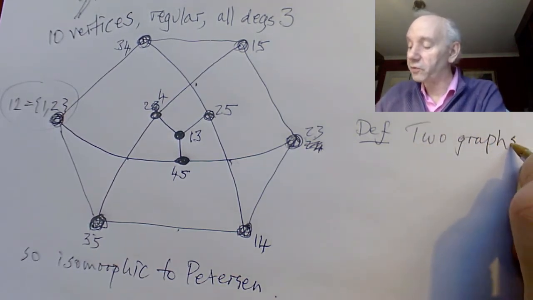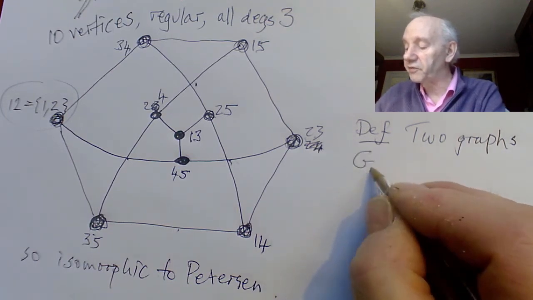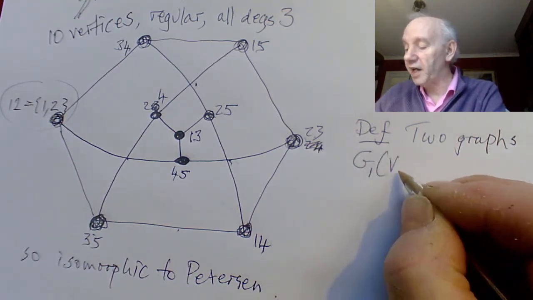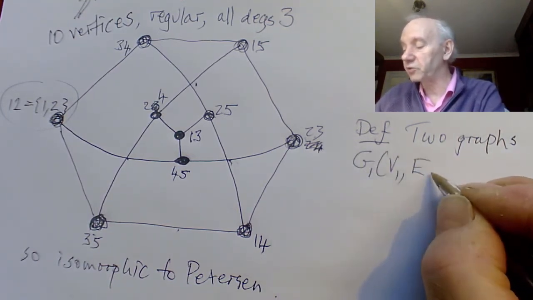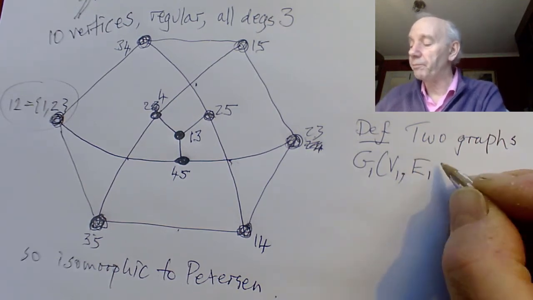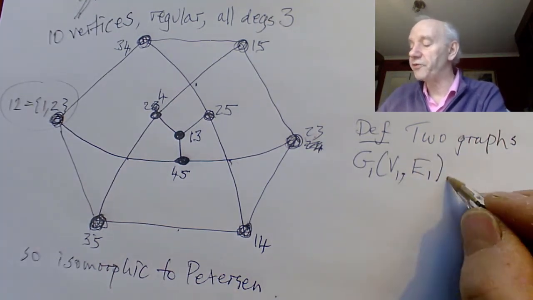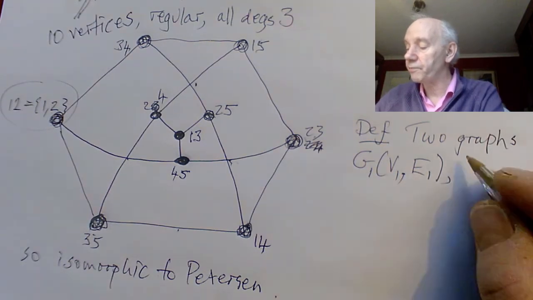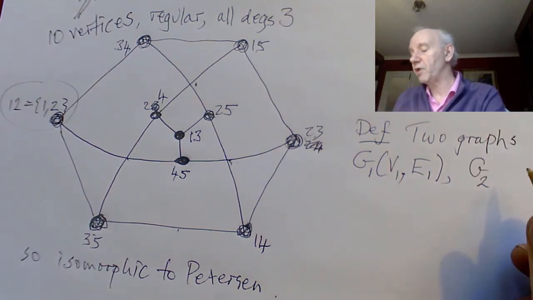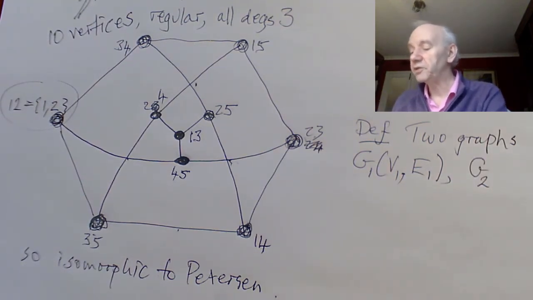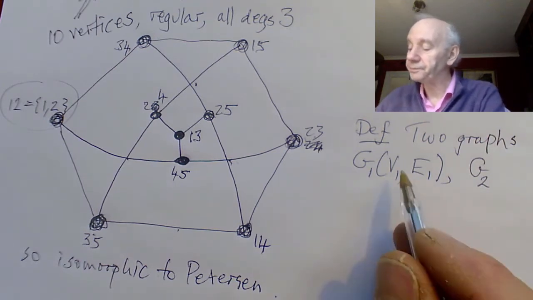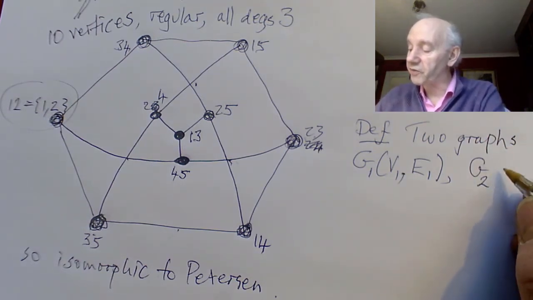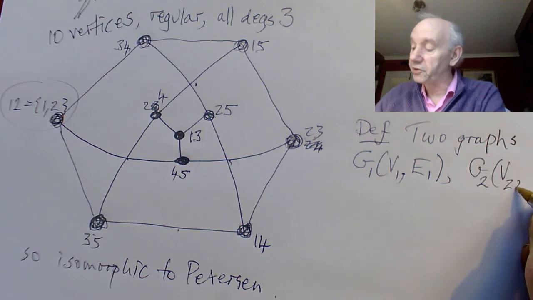A graph, call one of them G1, consists of a vertex set and an edge set. These are simple graphs, so I can just talk about the edge set, with a rule that tells you when two vertices are joined by an edge. I mean, the edge set is a subset of the 2-subsets of V. And the second graph with a vertex set V2 and an edge set E2.